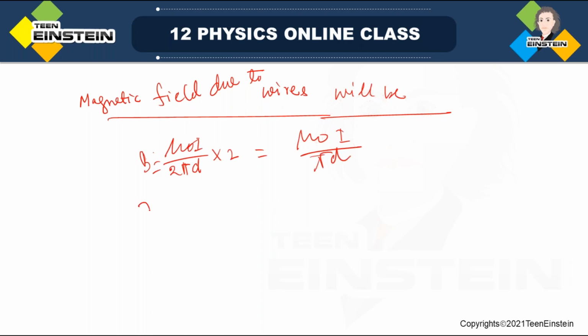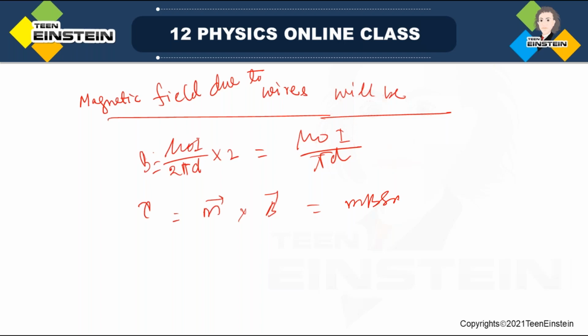M is the magnetic moment, which is I into A, and the torque on the loop will be, how much?